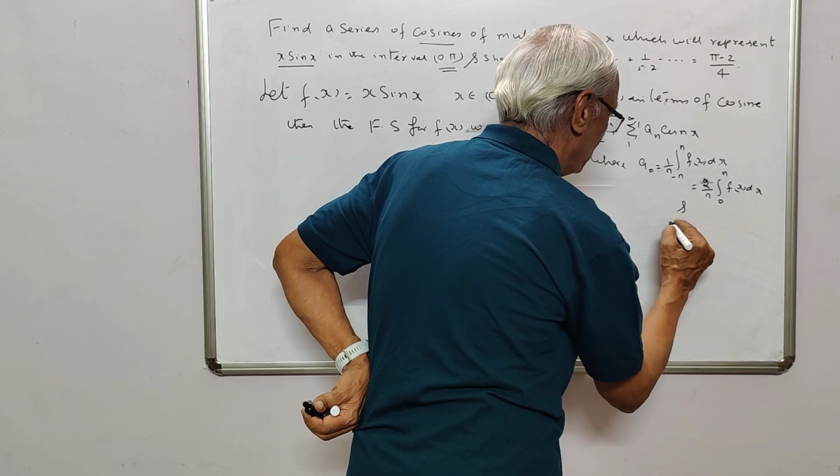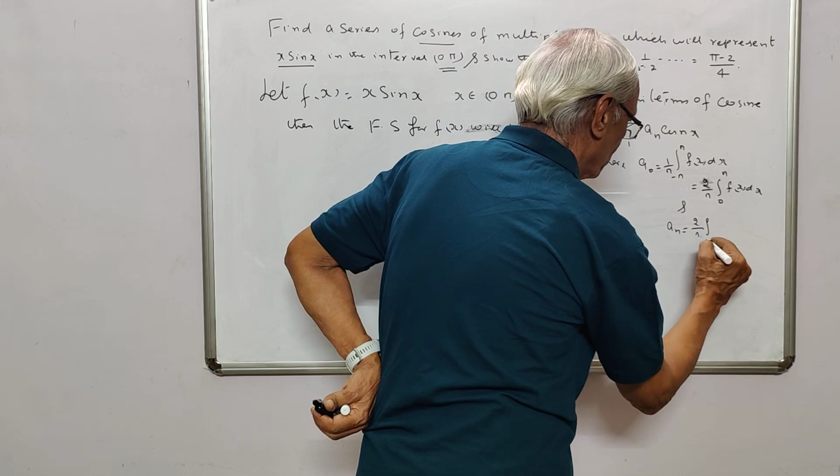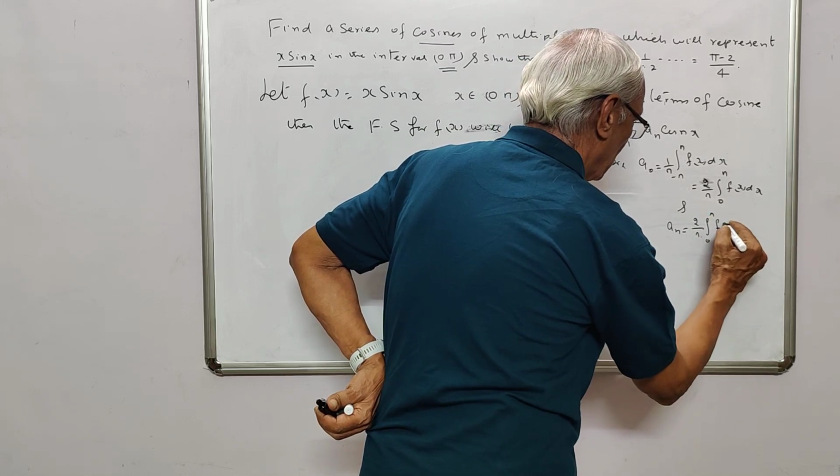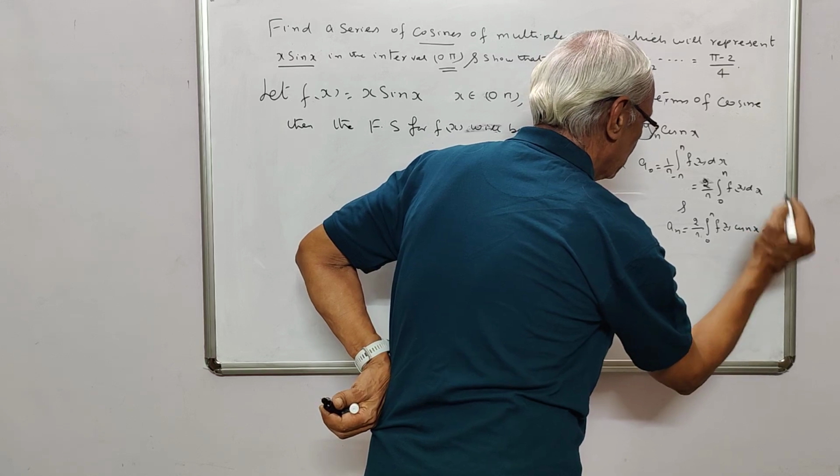And similarly, an will be equal to 2 by pi, integral from 0 to pi of f of x cos nx dx.